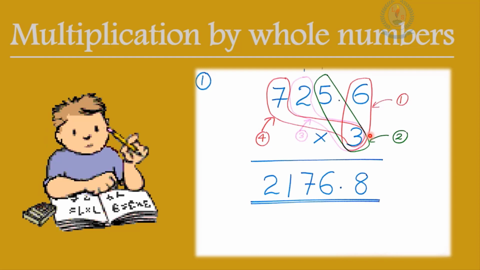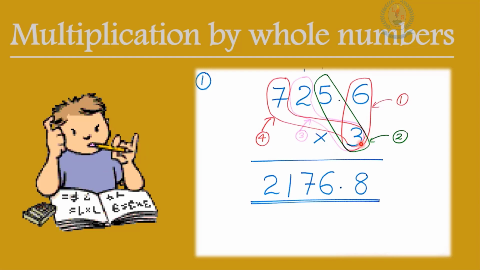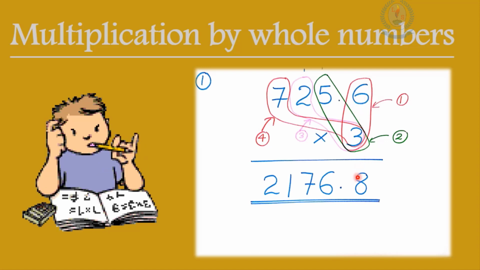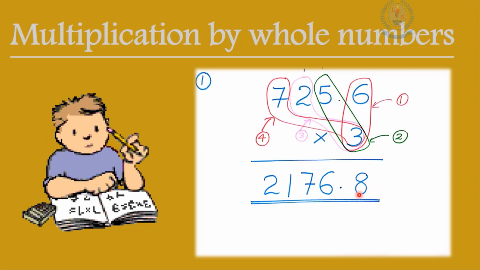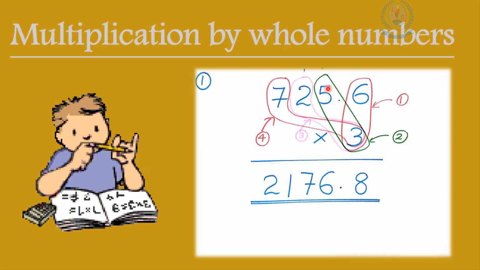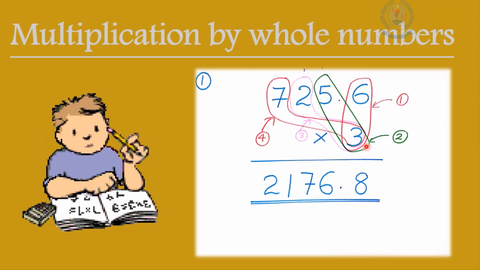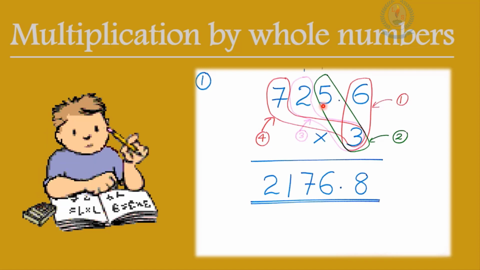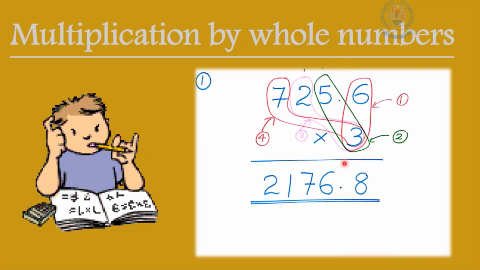First of all, we have to multiply this 3 by 6. 3 by 6, 18. We can't keep that 18, so we write 8 here, and 1 should come to the previous place. Then 3 times 5 means 15. 15 plus that previous 1 means 16.